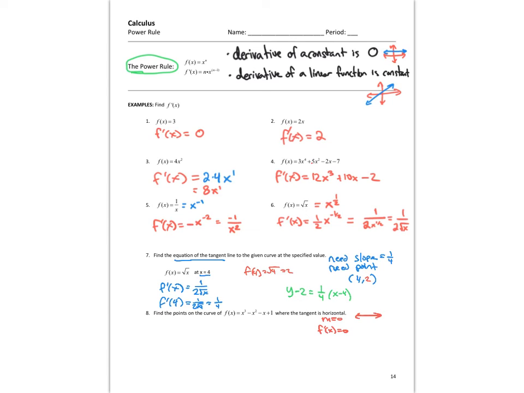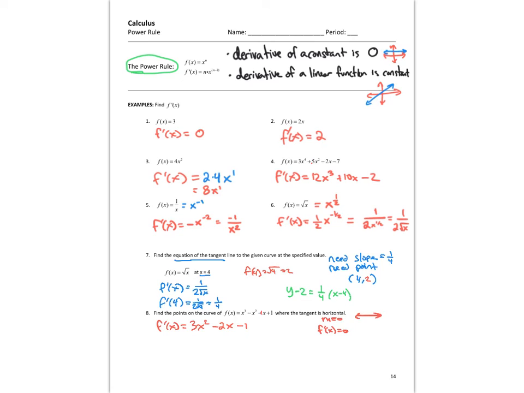So let's solve this. F prime of x equals, I'm going to take the derivative. Power rule, bring the 3 in front, so 3x squared. The squared came from subtracting 1 from the exponent, minus 2x to the first, because I brought that exponent down, minus, well, the coefficient there is really 1, so minus 1, so plus 1 becomes 0.